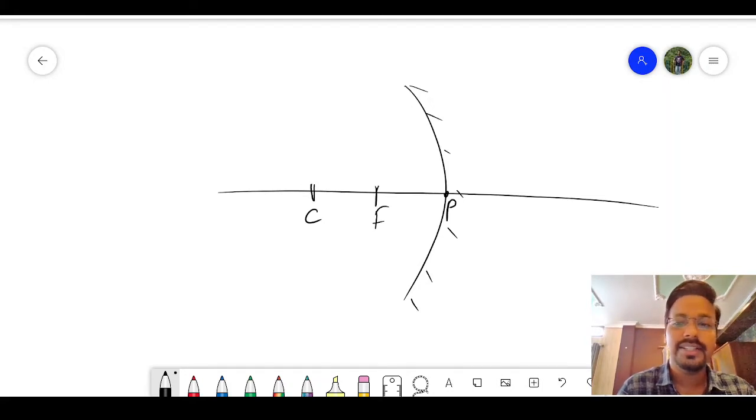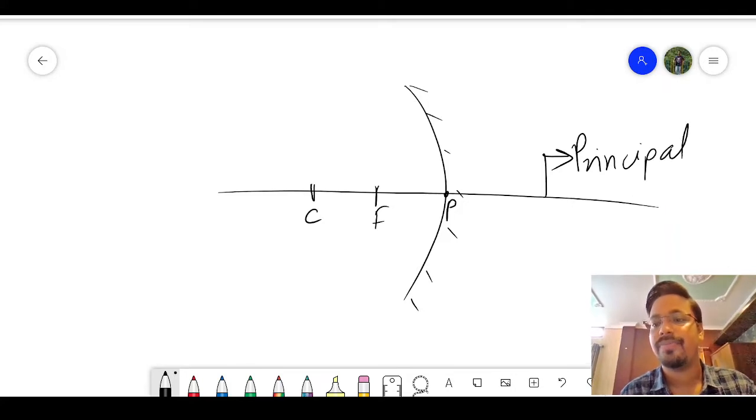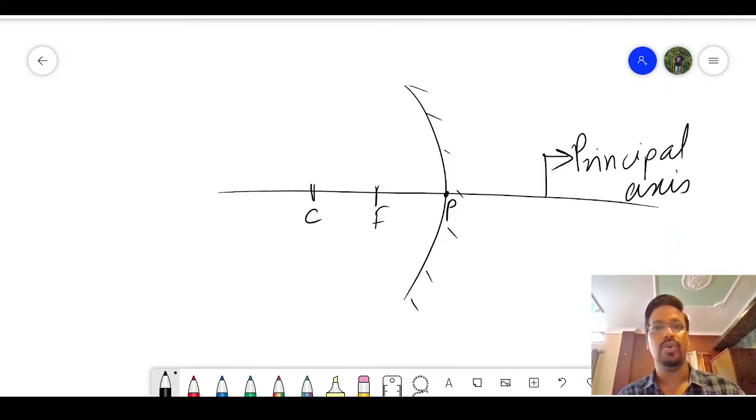And these are the basic things that you need to know. Now what are C, F, P and this long line? This line first of all is called the principal axis. It acts as the axis of the mirror. It passes through the center of the mirror, and this acts like the stage over which the whole performance will take place.